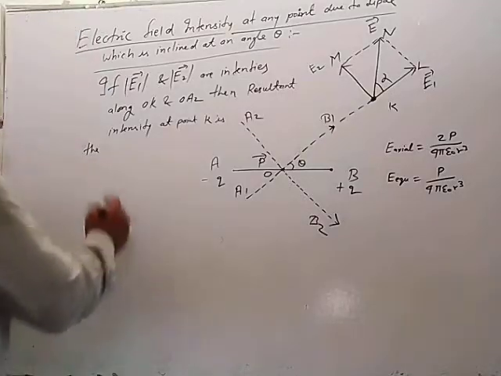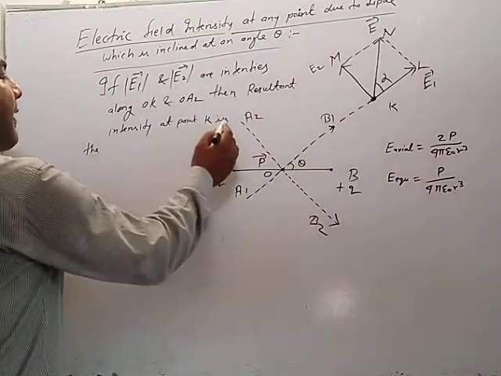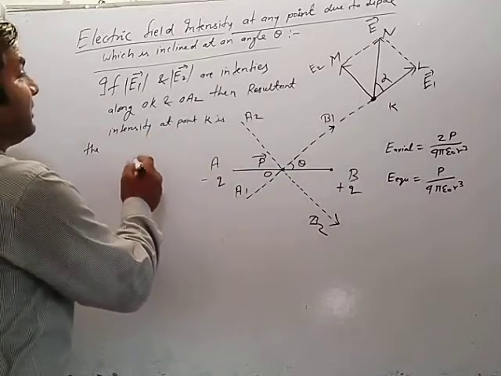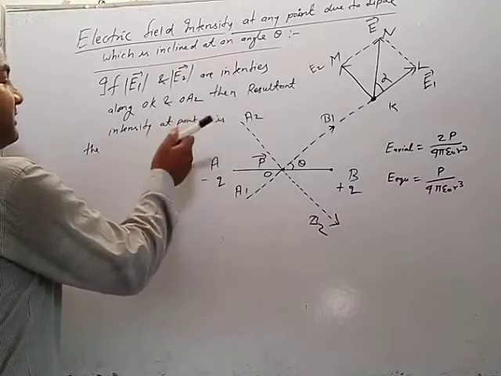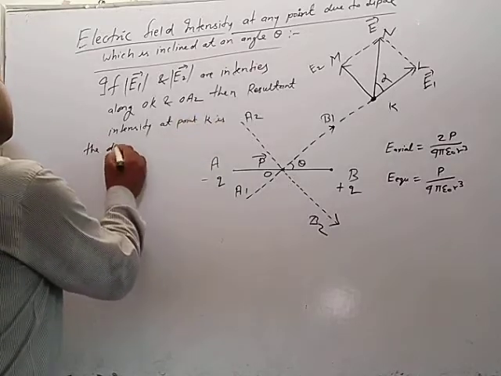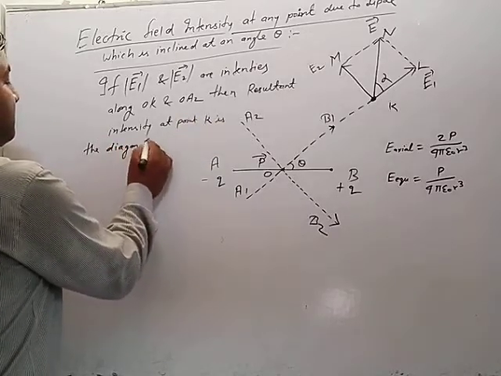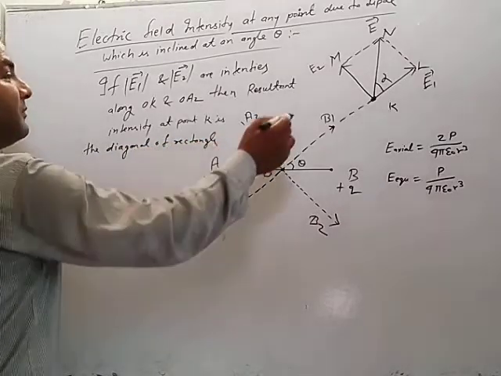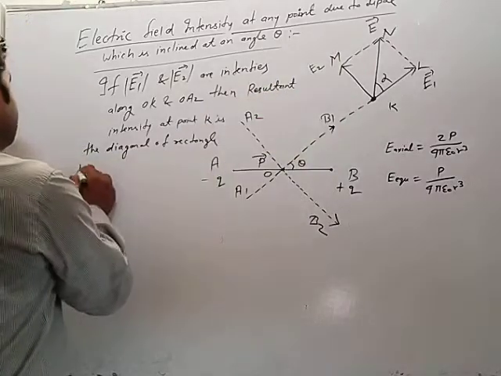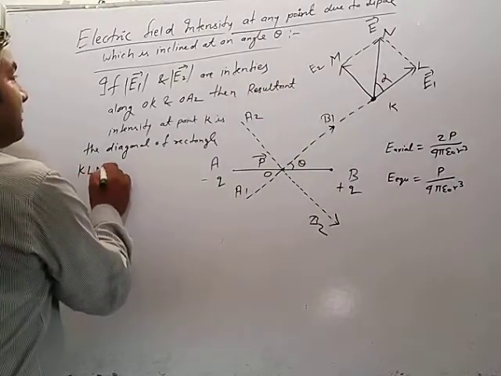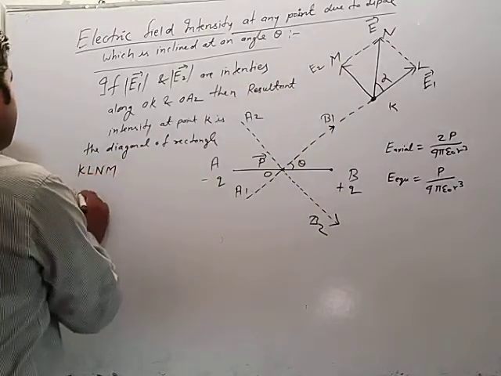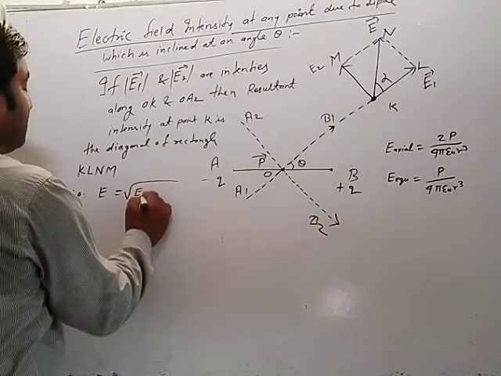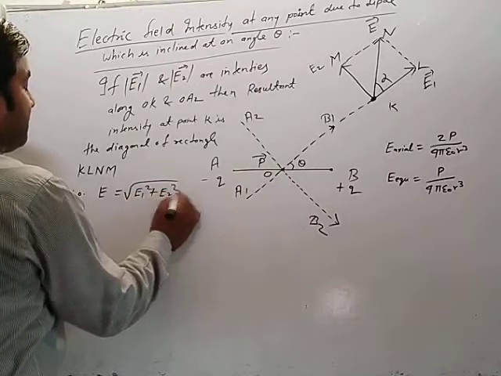Then the intensity at point K is the diagonal of rectangle KLNM, that is E equals square root of E1 square plus E2 square.